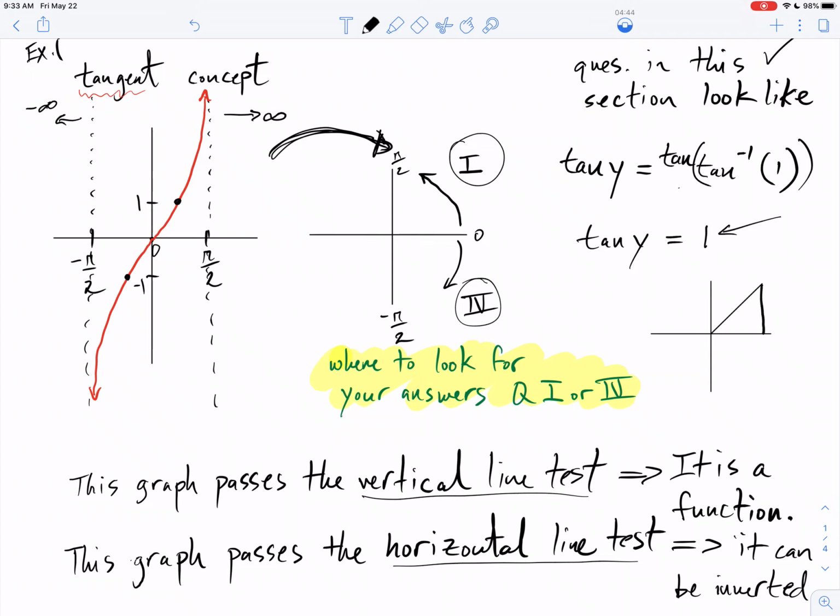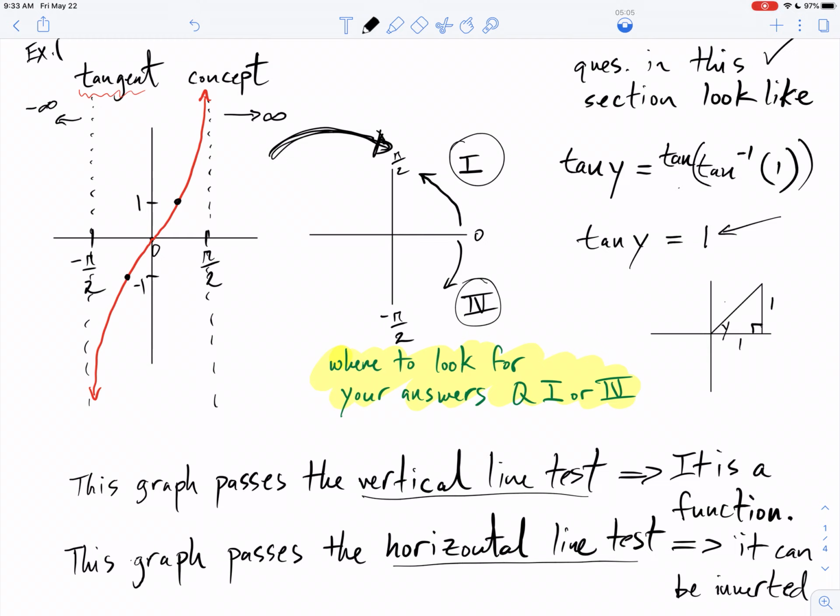If I drew a reference triangle, and I said, here is some angle y that I don't know, the opposite over adjacent would give me a tangent of 1. And then I look at that and I go, hey, this looks very familiar. This is like my bow tie thing.